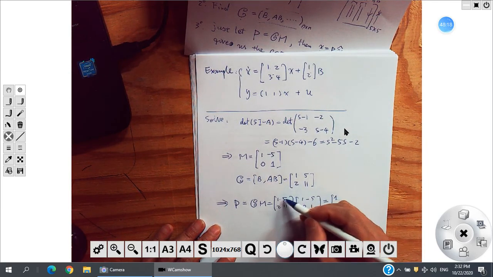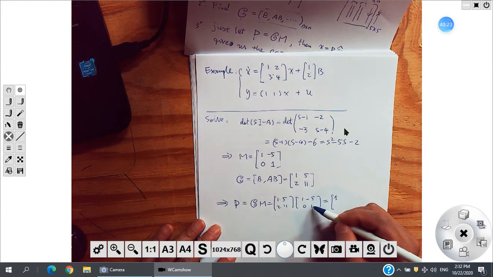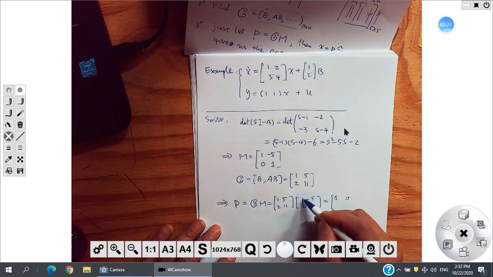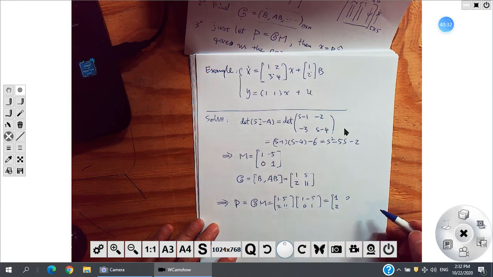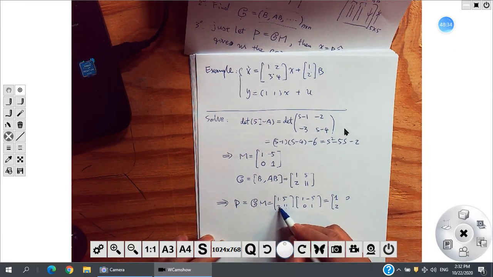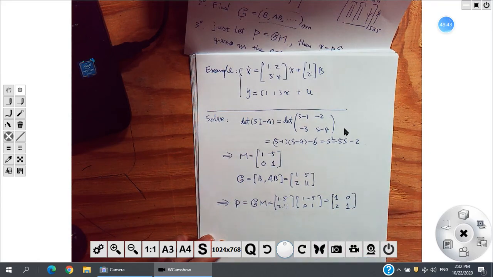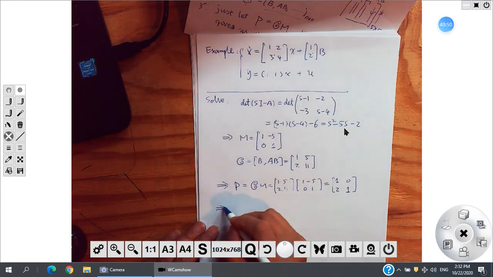And 1, 5 times negative 5, 1: negative 5 plus 5, it cancels, 0. And 2, 11 times 1, 0 is 2. Then 2, 11 times negative 5, 1: negative 10 plus 11, I have 1. This is P.